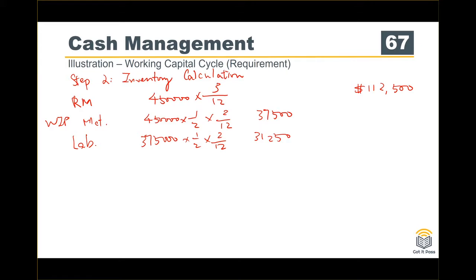And for variable overhead is 150,000 times 0.5 and then times the inventory cycle. So it is 12,500. So here altogether is 81,250.